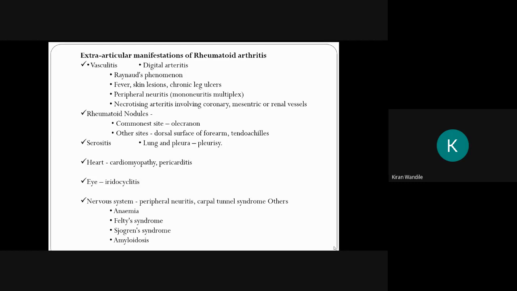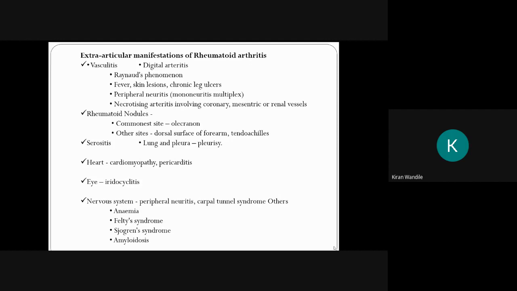I think these things are taught to you in medicine, but just to revise a few points, the extra-articular manifestations of rheumatoid arthritis: vasculitis, digital arteritis, Raynaud's phenomenon, fever, skin lesions, chronic leg ulcers, peripheral neuritis, necrotizing arteritis involving coronary, mesenteric, renal vessels. Then rheumatoid nodules, the commonest site is the olecranon.